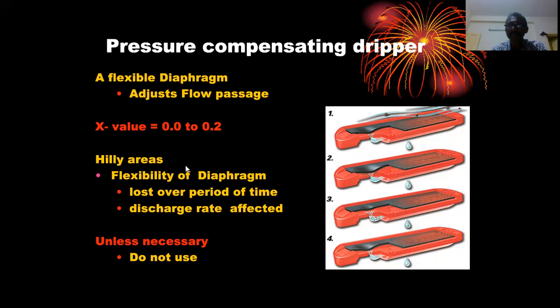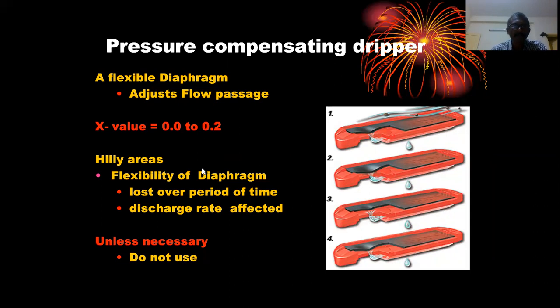But unless it is necessary, it is better not to go for pressure compensating drippers, because all these drippers are exposed to sunlight. Since they are exposed to sunlight, you might know that because of the solar radiation, these diaphragms, because they are made of rubber, lose their flexibility within a year or two.